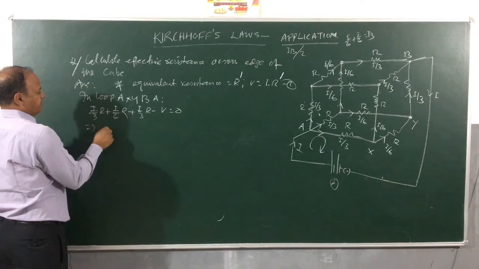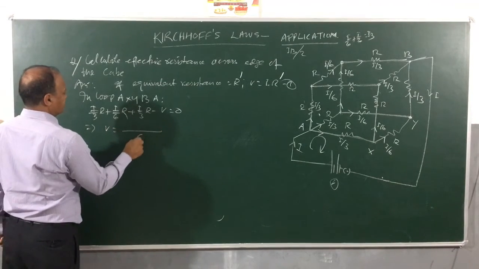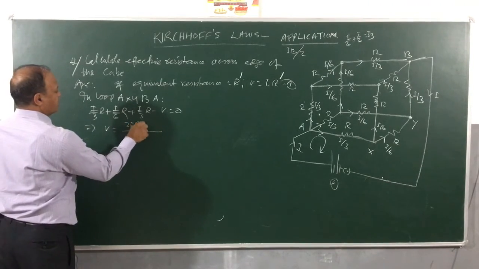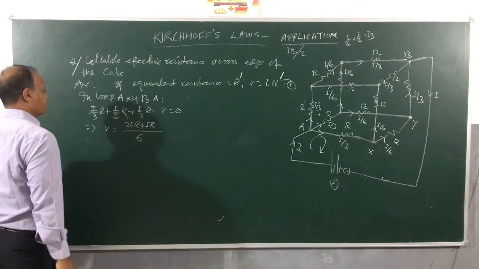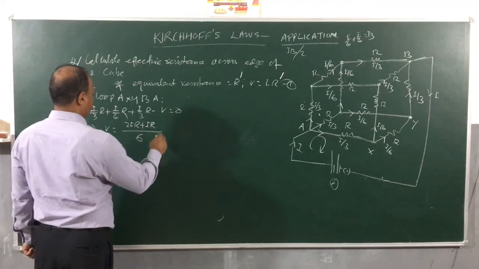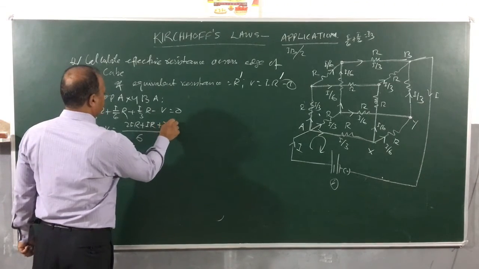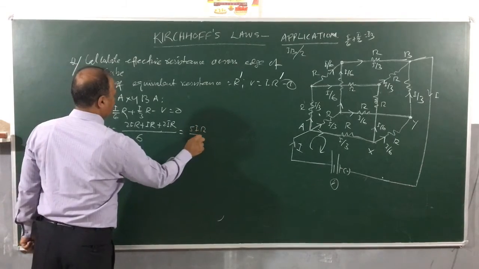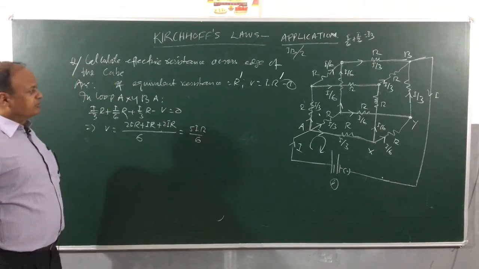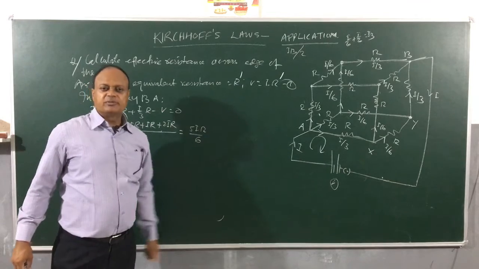So we have from here V is equal to 2IR plus IR plus 2IR by 6, which is 5IR by 6. But we said here that V is equal to how much?